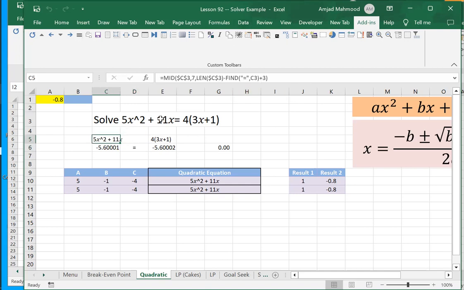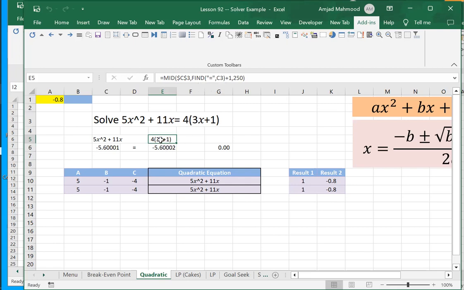This is a way that you can make your logic: there will always be an equal to sign that is bifurcating the equation. The left hand side of the equation is equal to the right hand side of the equation.